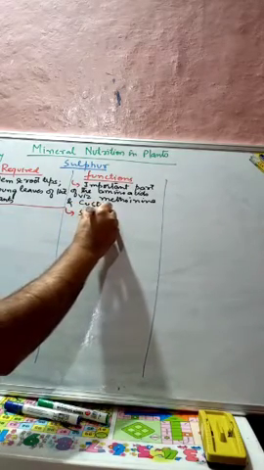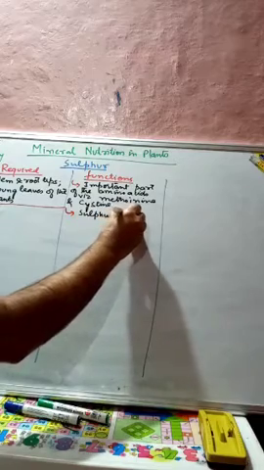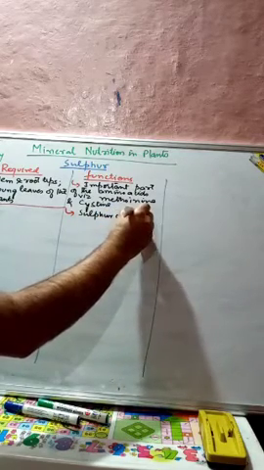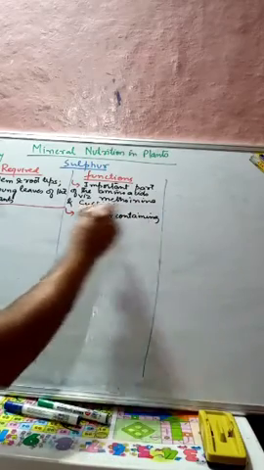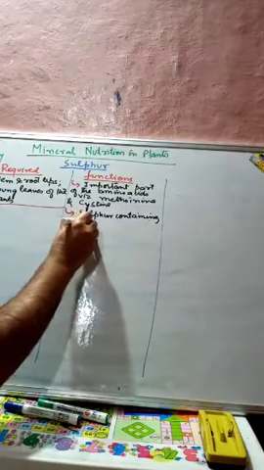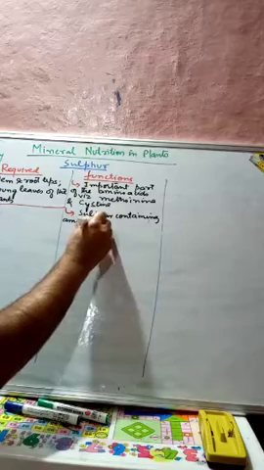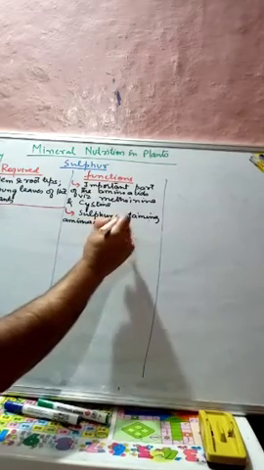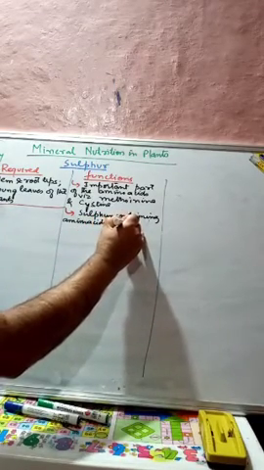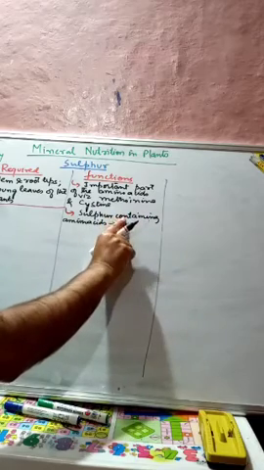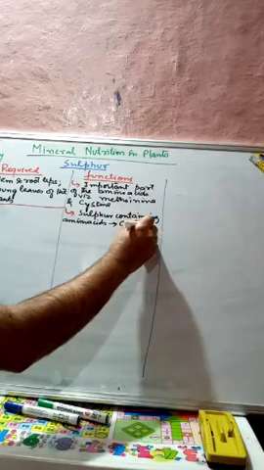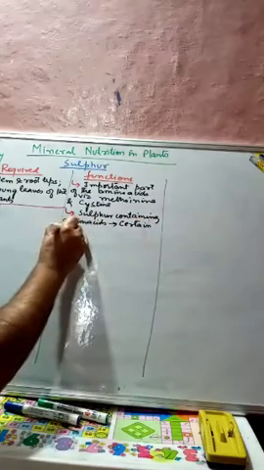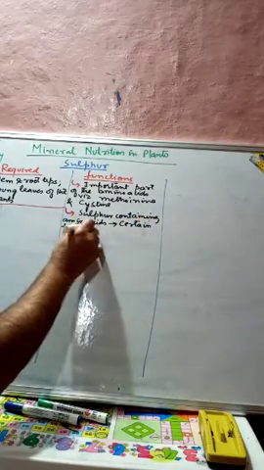We will write sulfur containing amino acids. Sulfur containing amino acids play an important role in the synthesis of certain proteins.